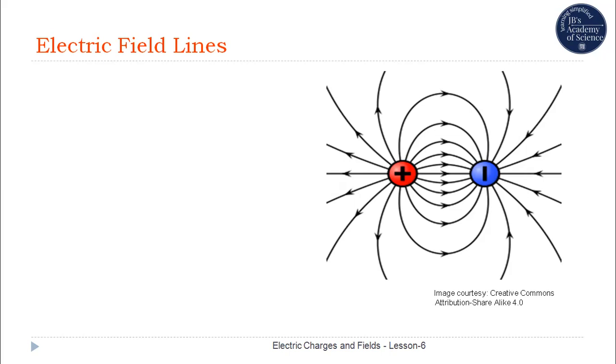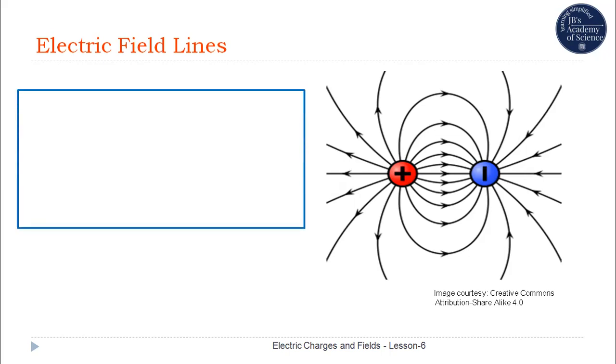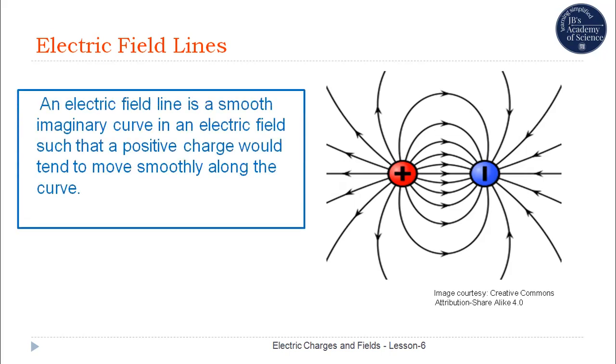Now, you can see a lot of curves in this picture. These curves represent electric field lines. How do we define an electric field line in an electric field?